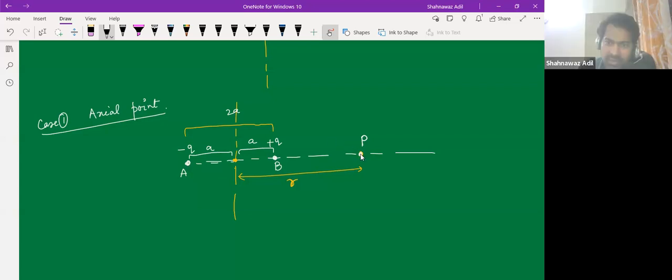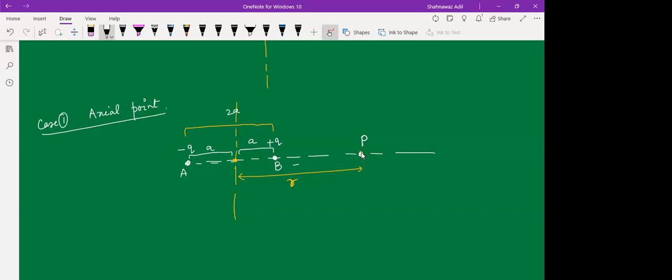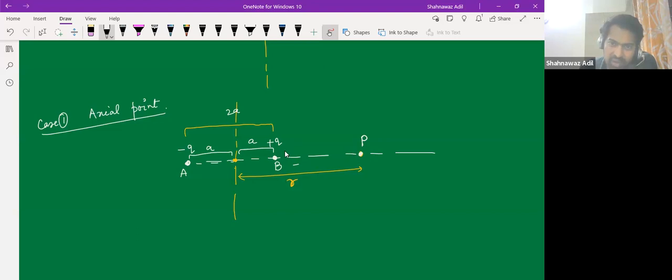So let us try to find out the electric field. Due to this charge, the electric field at P point would be towards or away from this charge? Sir, towards. Due to B, this is positive, and let's assume that in here we have a positive charge. Is that an attractive one?